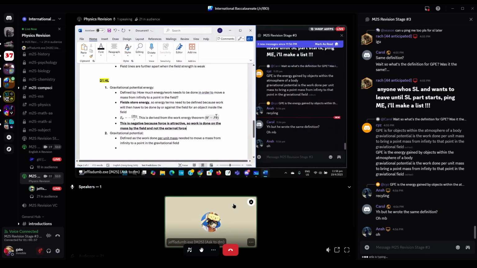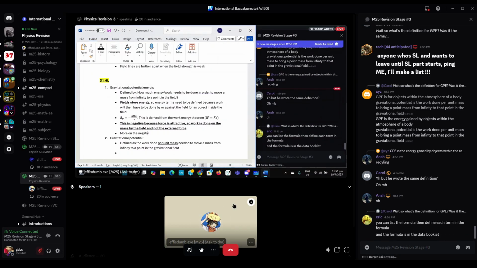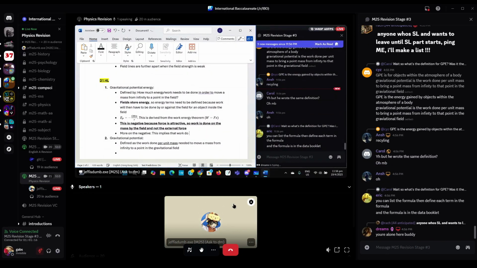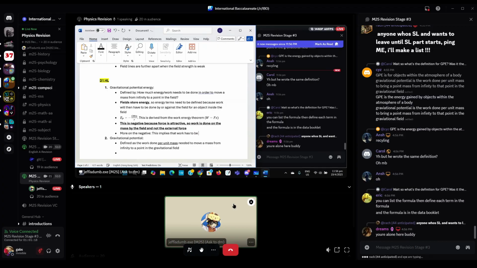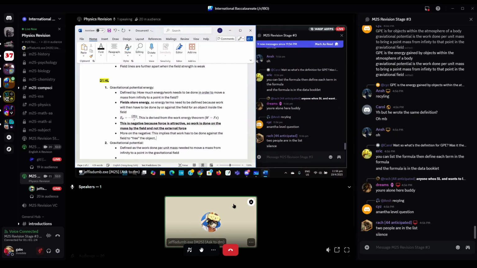So I'll talk a little bit more about the negative because this is something that you need to know. The negative implies that work has to be done against the field to free the object.